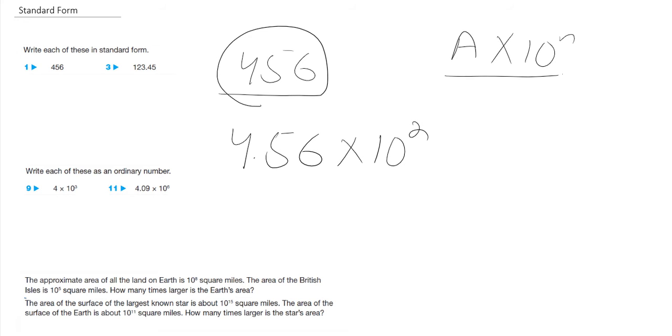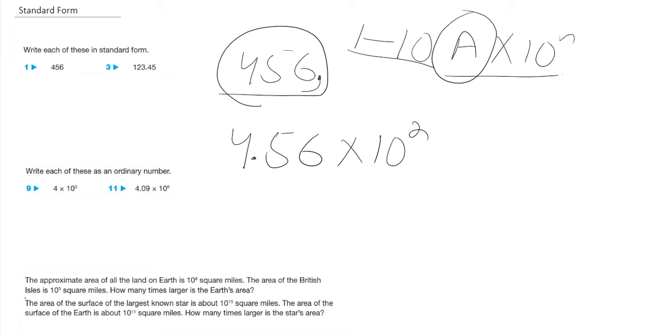Okay, what do we need to do? We need to make it in standard form. You know that this number a has to be between 1 and 10, so we have to make it like that. And you know that there is an invisible decimal point after the end.